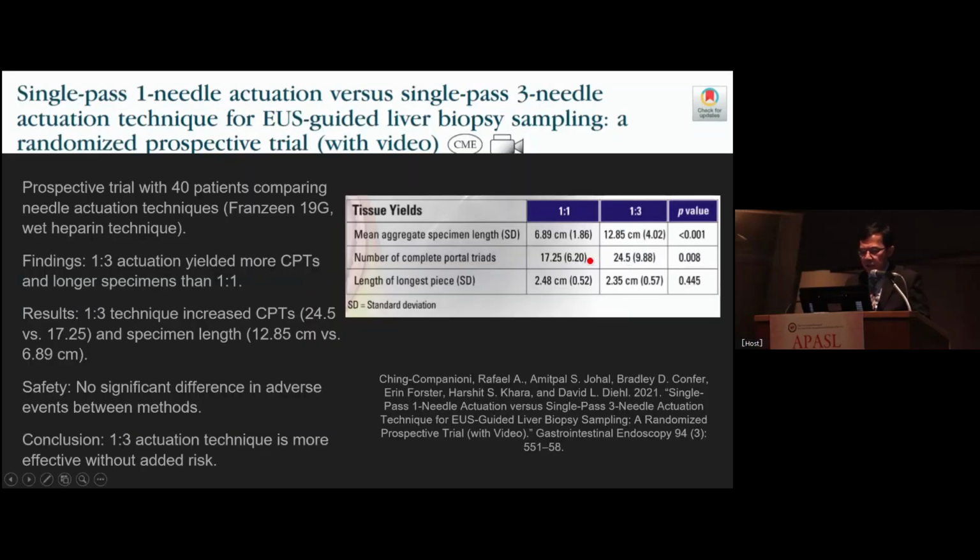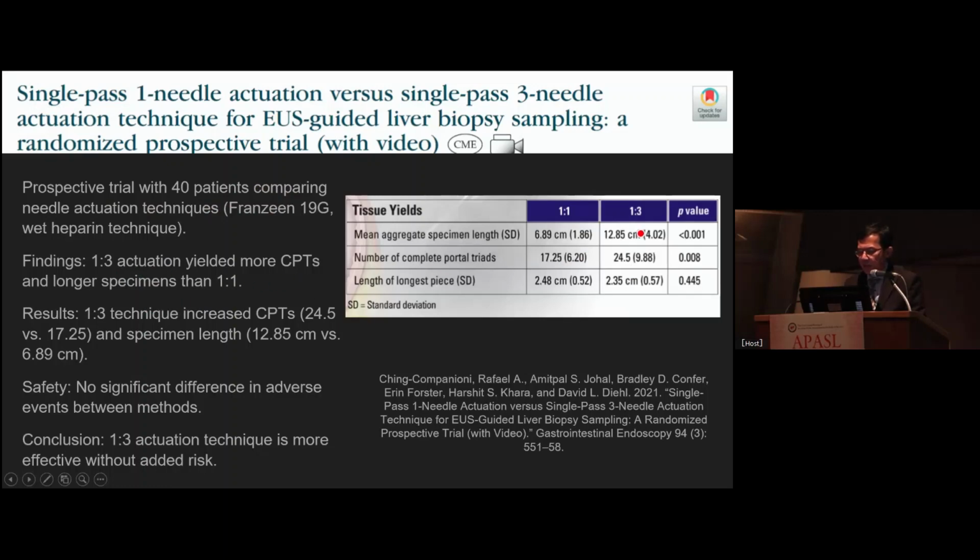They also compared single pass with 1 needle actuation versus single pass with 3 needle actuations for EUS guided liver biopsy specimens. This is a randomized controlled trial published in 2021 in GIE. It's a prospective trial with 40 patients. The finding was that 3 actuations yield more complete portal tracts and longer specimens.